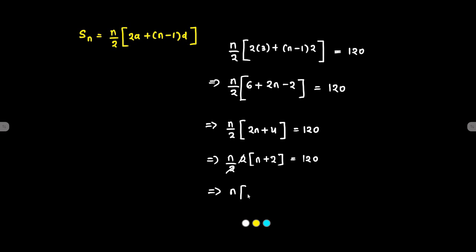So 2 gets cancelled, and we have n into n plus 2 equal to 120. That implies n square plus 2n is equal to 120.